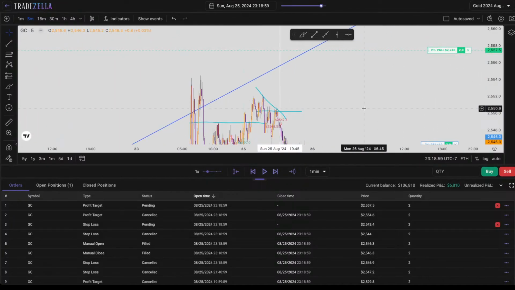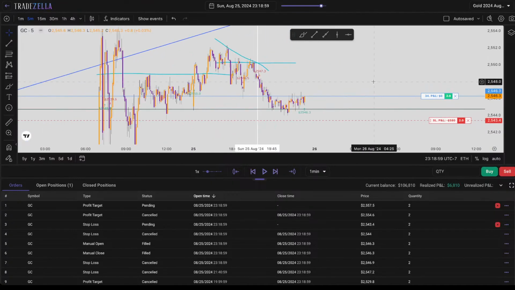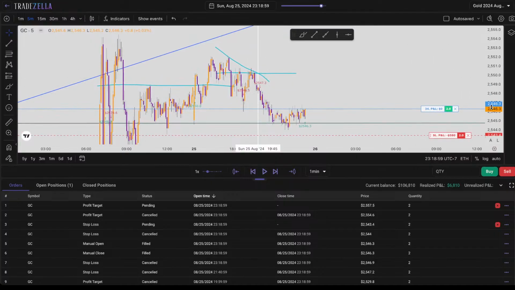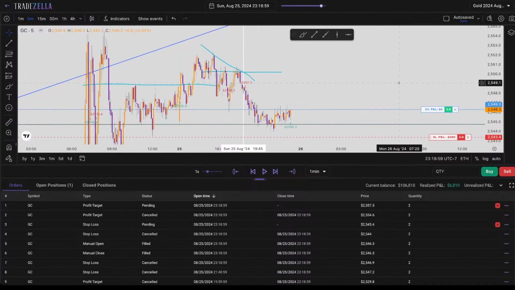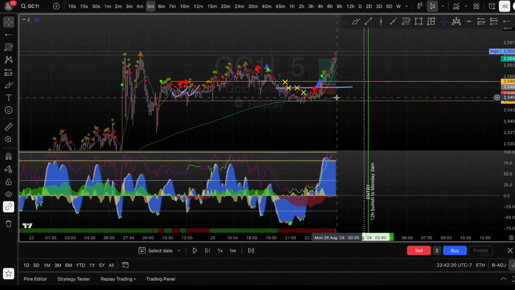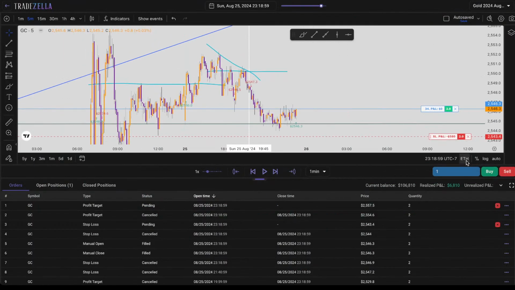I think we could go even higher, of course, right? That's what I'm thinking. But we're taking profit up there. I don't know how to get TradeZella to put a TP1. So we just kind of got to manually sell one when we get to our destination, which is what? 30 minutes, 12:30, essentially.